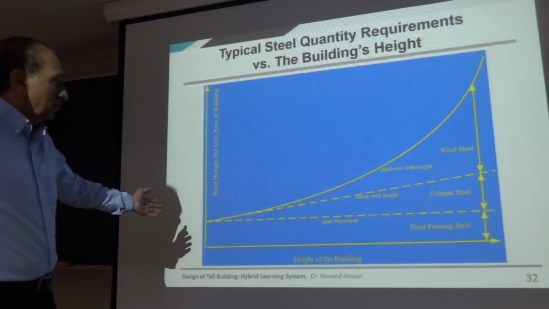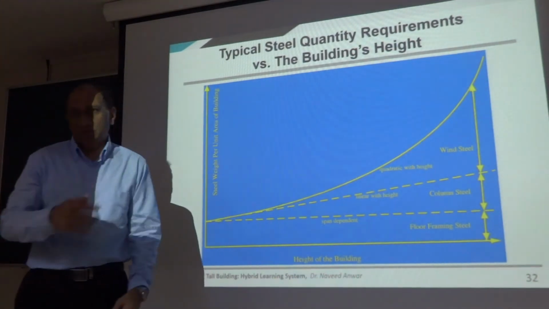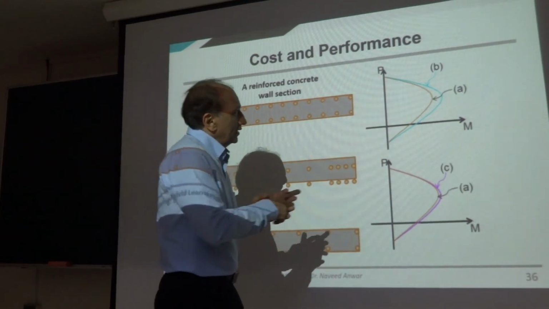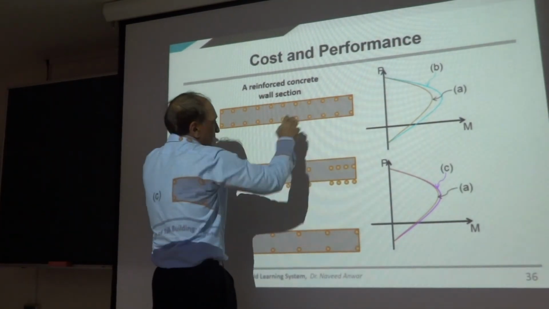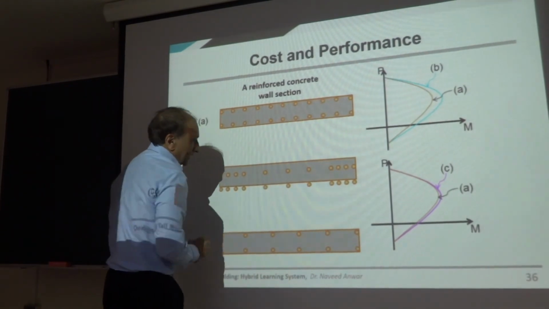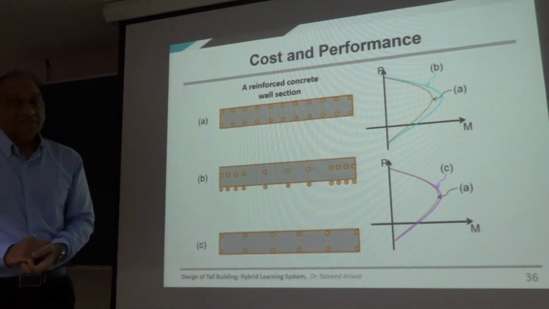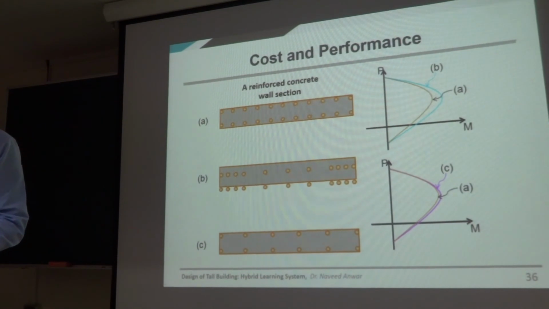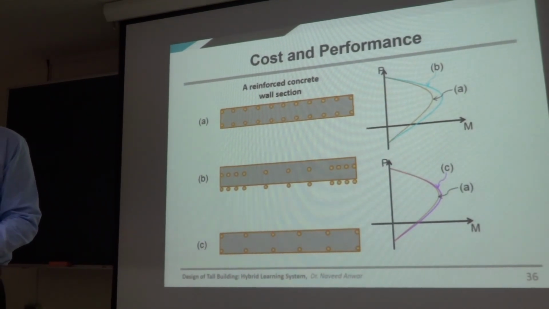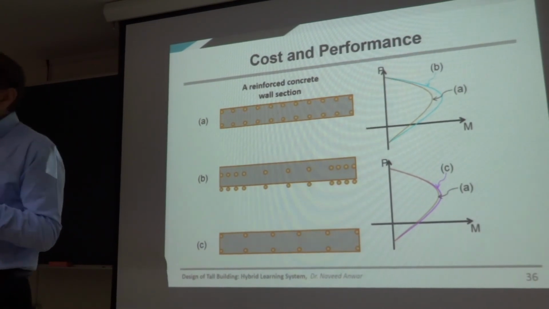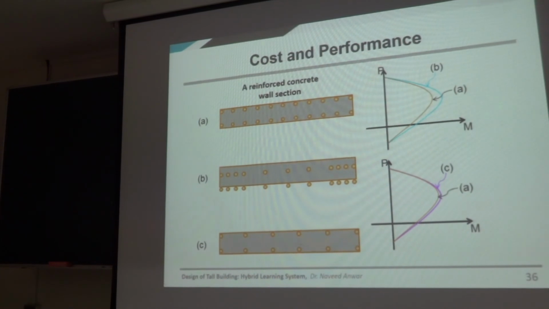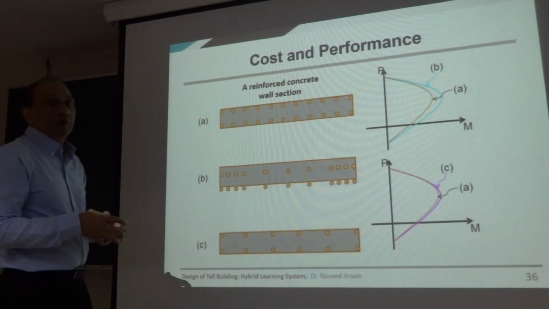So this is another way of showing the same graph. This is very interesting. Now if you put the reinforcement like this, or like this, or like this, it changes the performance, but does not change the cost. So just rearranging the reinforcement can give you benefits because you know where it is needed.